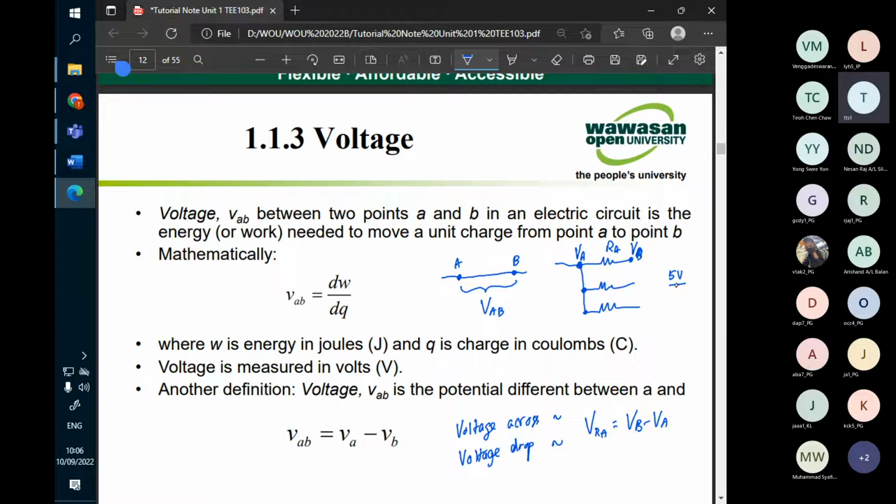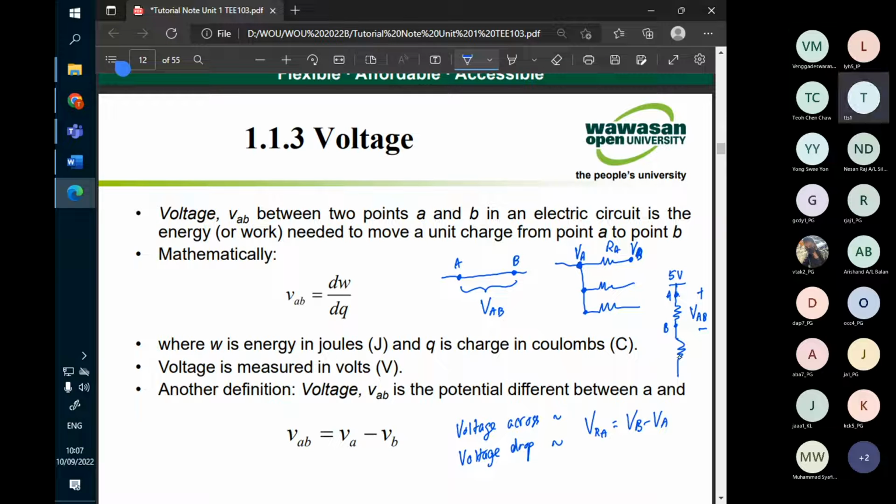Initially it goes through one component, and then you go to another component. When you go through the component, this establishes the voltage difference between this point and this point. If we define this point as A and this point as B, the voltage across this component is VAB. Right? Usually we write it this way, VAB. The voltage across this point and this point.